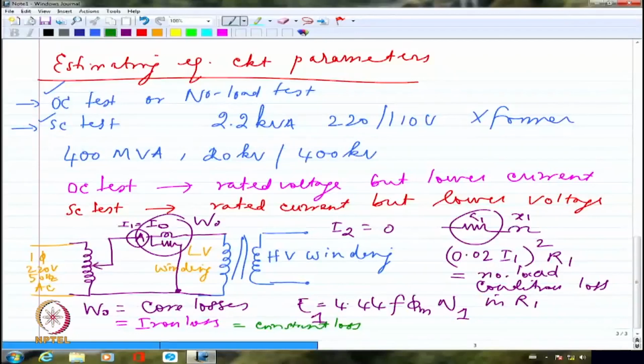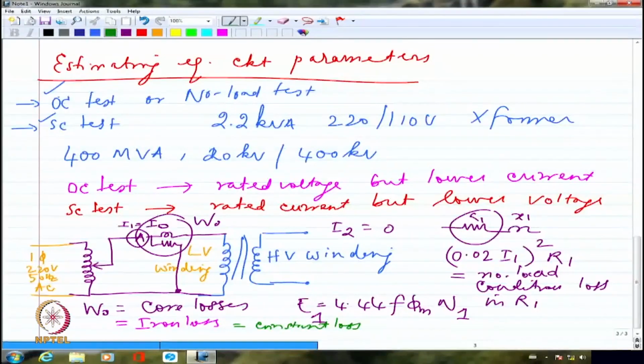Hardly ever do we operate it at lower voltage, or at a different frequency than what it is rated for. So as long as the voltage and frequency are kept constant, the iron losses or core losses are constant, so we call them constant losses. That's the only reason. Right?